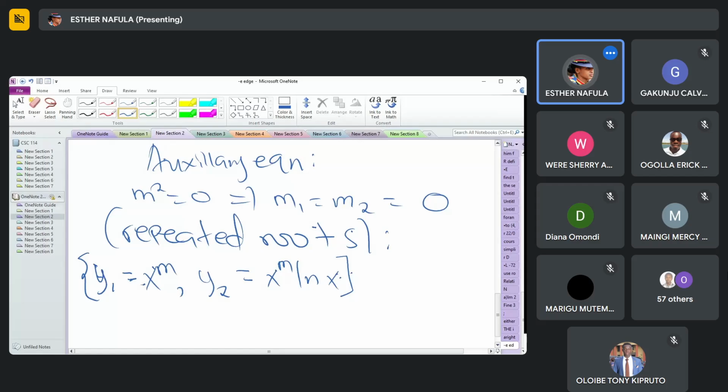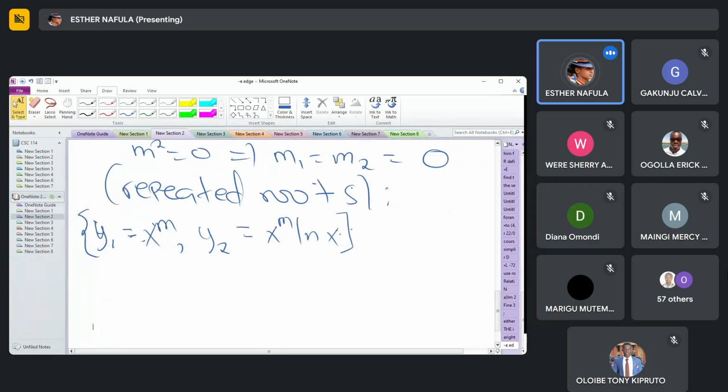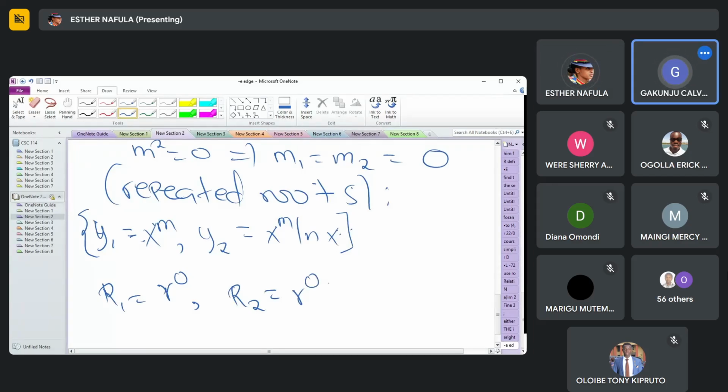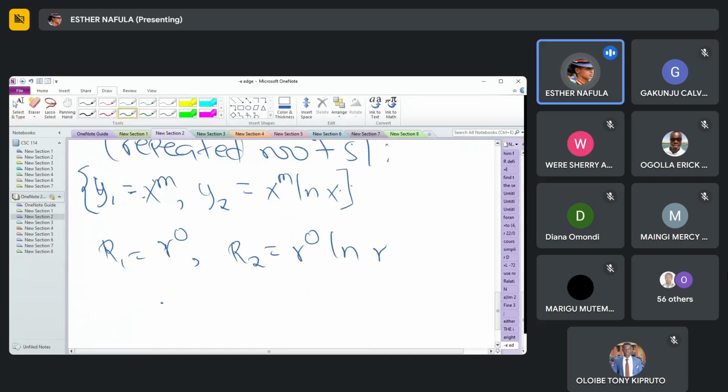So what will be our R1, R2? R1 is R power 0. R2 is R power 0 ln R. But R power 0 is 1, so R1 is equal to 1. R2 equals ln R. We need the general solution.